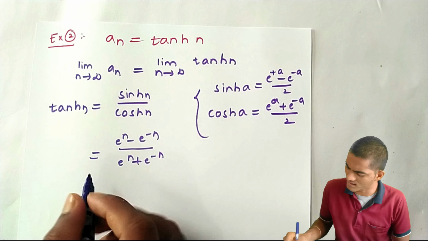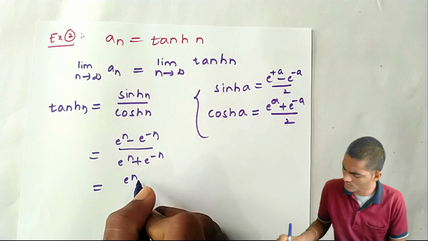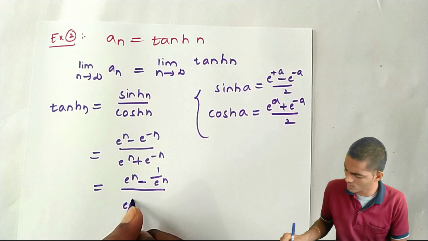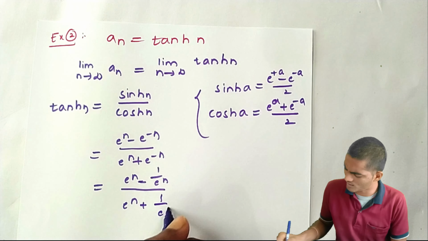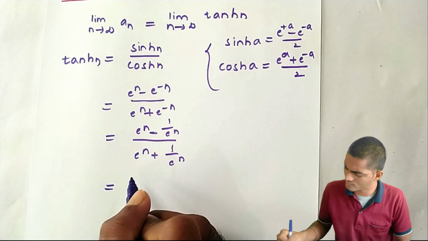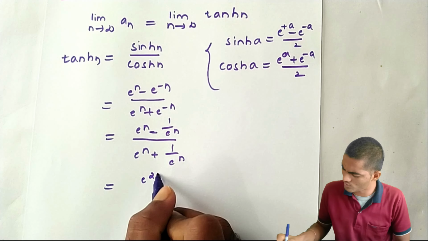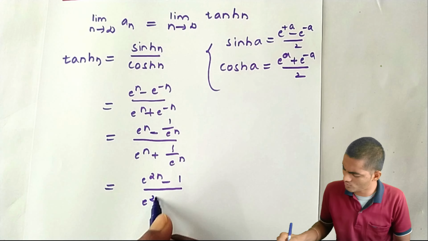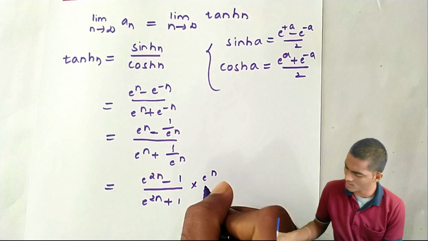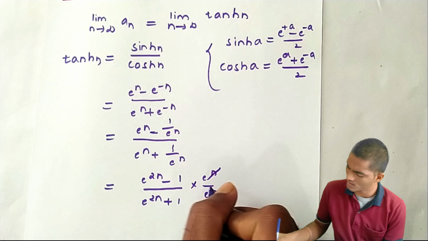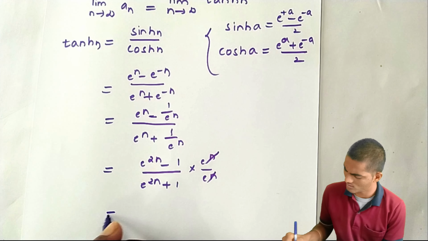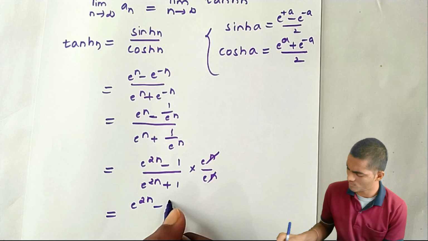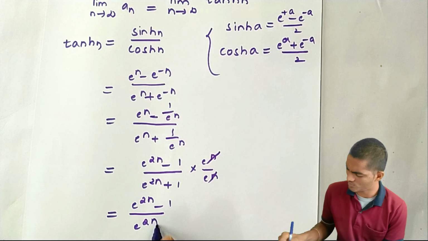Here 2 is cancelled. Dividing by e^n, we get (e^n - 1/e^n) / (e^n + 1/e^n), which gives (e^2n - 1) / (e^2n + 1).